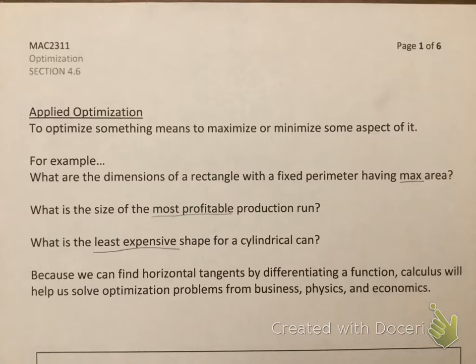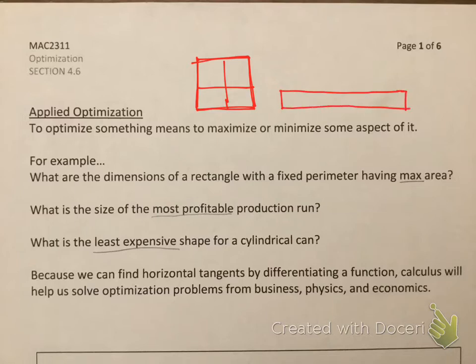All right, let's look at the first example. What are the dimensions of a rectangle with a fixed perimeter having a max area? An example of something like this would be, what if you had a certain amount of fencing and you are trying to make cages for a zoo where you need to keep 4 animals separated, and you were trying to use whatever amount of fencing you had and make this dimension here the largest possible, because you guys do agree that using the same amount of fencing you could probably draw something that looks like that.